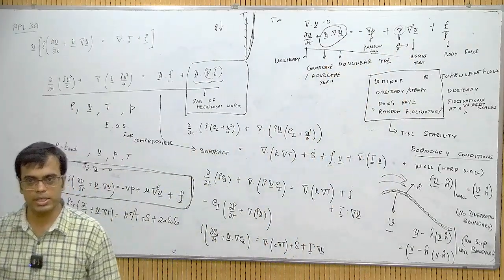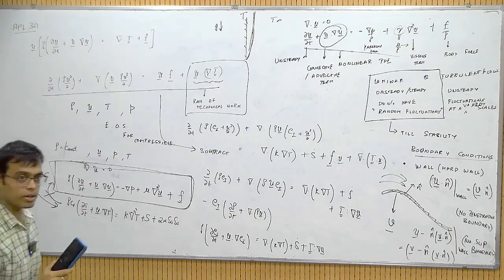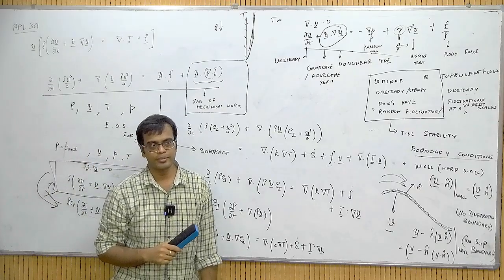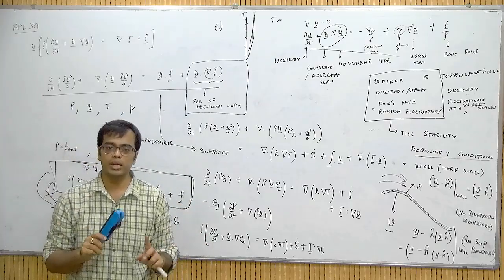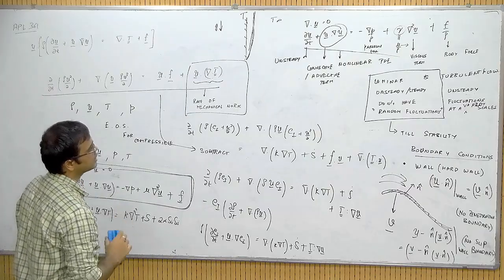When you drop the viscous term, the PDE will no longer be second order. So, you will have to get rid of some boundary conditions to solve the remaining equation. Which boundary conditions to get rid of? Is it ad hoc? Is it arbitrary? No. Okay. We will discuss that as well.